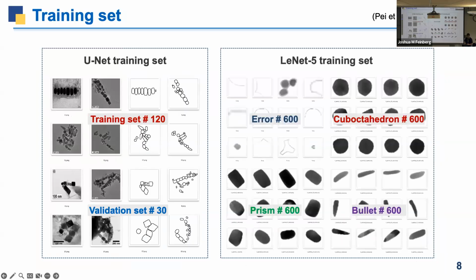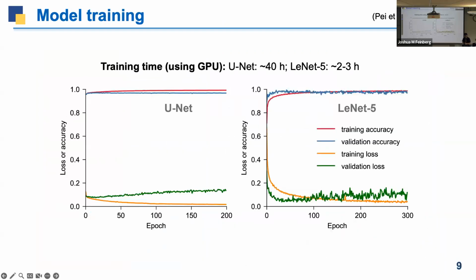Then for the classification training set, if we have a very good edge image, we can extract each particle and divide it into different classes ourselves. After training, we can see that all models converge to a very high accuracy, and both models have converged. That means our training is successful.